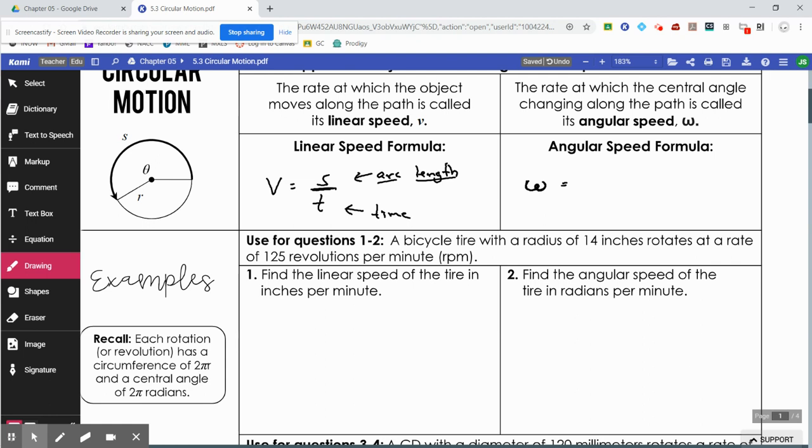So you have the angle divided by time, where theta is your central angle and t stands for time. The central angle might be measured in degrees or radians, and the time in minutes or seconds, so you'd have degrees per minute or radians per second.